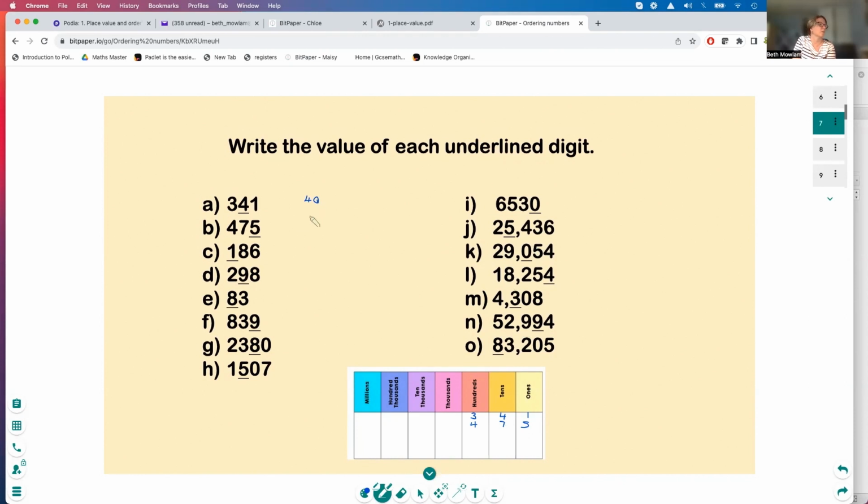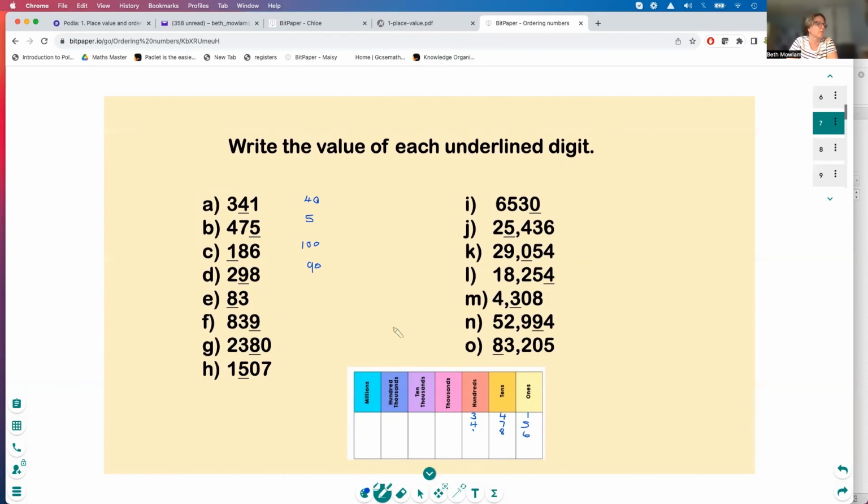So the 5 just represents 5. 186, well, the 1 is in the hundreds column, so it represents 100. 298, the 9 is in the tens column, so that would represent 90. 83, again, the 8's in the tens column.